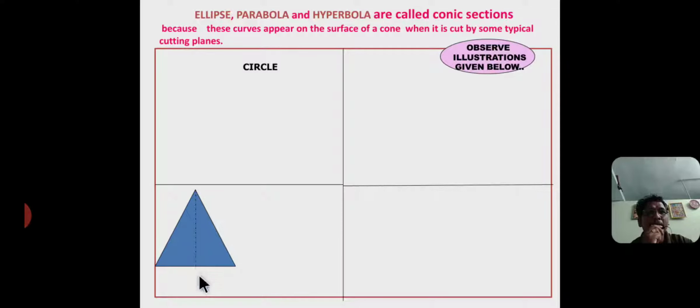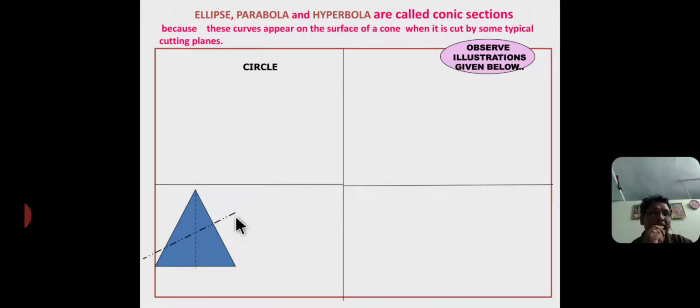And this vertical line is called the axis of the cone. The angle between base of the cone and the axis of the cone is 90 degrees. Now base, slant edges called generators, vertical line called axis, and apex point, these are the terms used in cone.